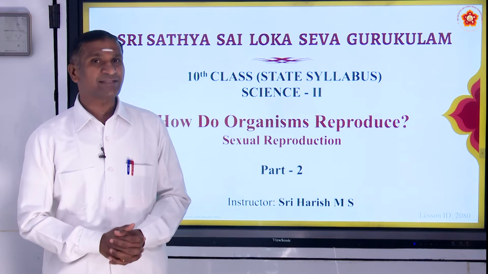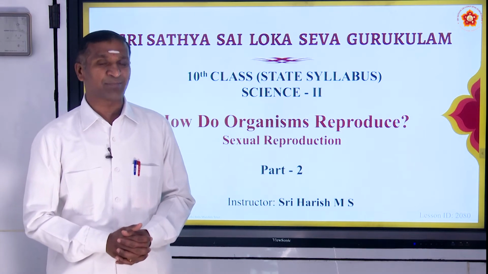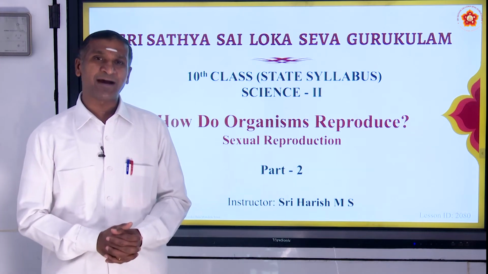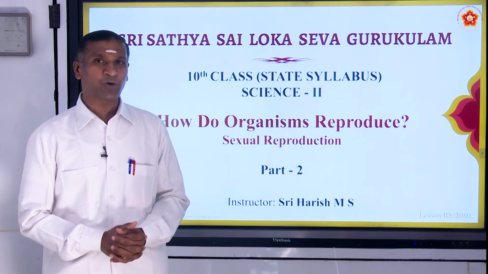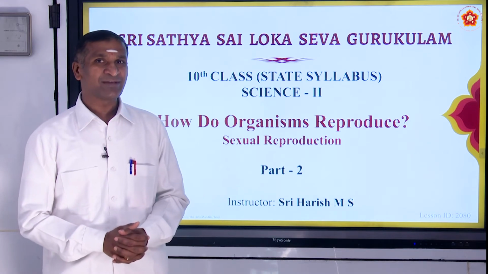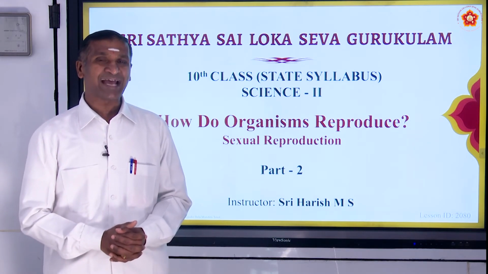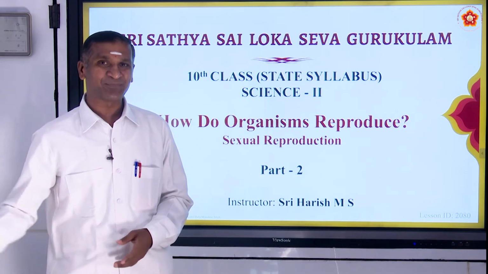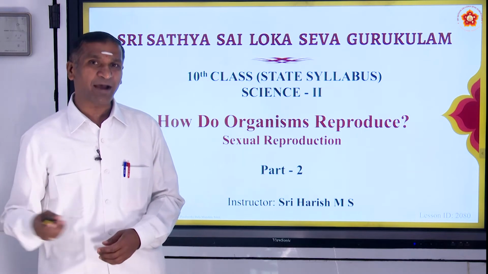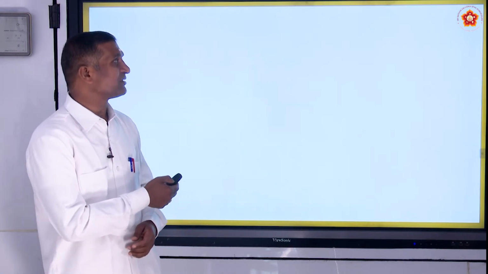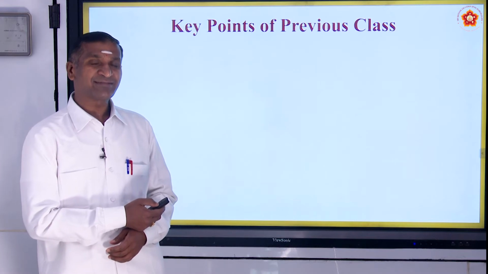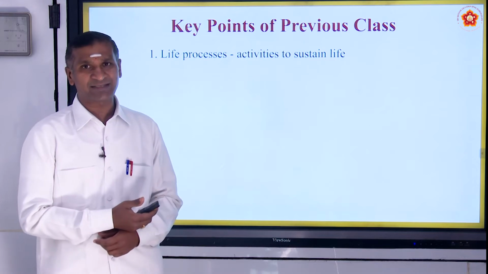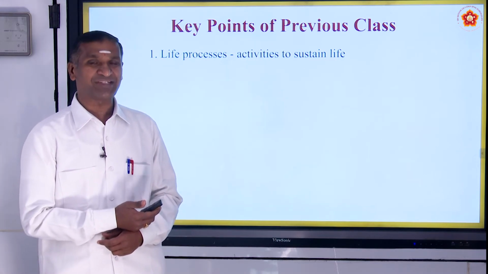Before we start to understand the second part of this chapter, let us recap our previous class key points and also check out the answers for home assignment 1 and get it cleared. In our previous part of the same chapter, we have understood that life process is an essential part to sustain and retain life.